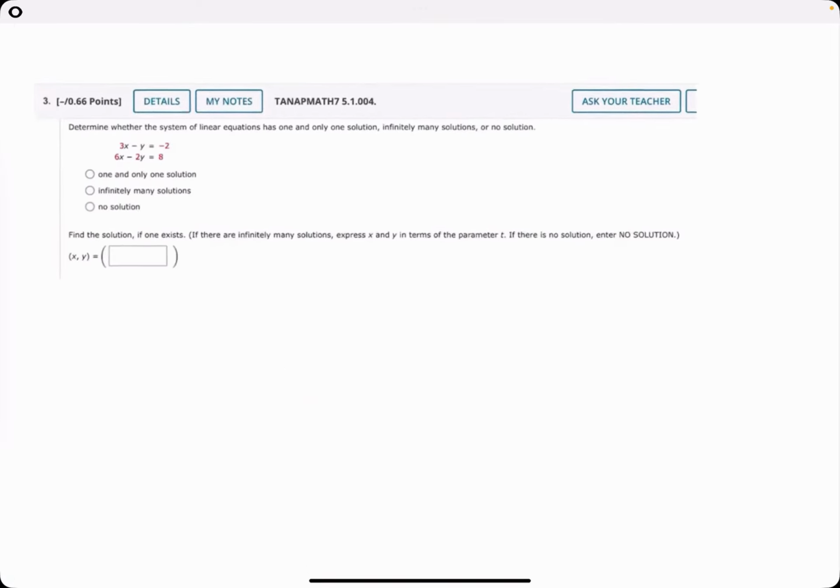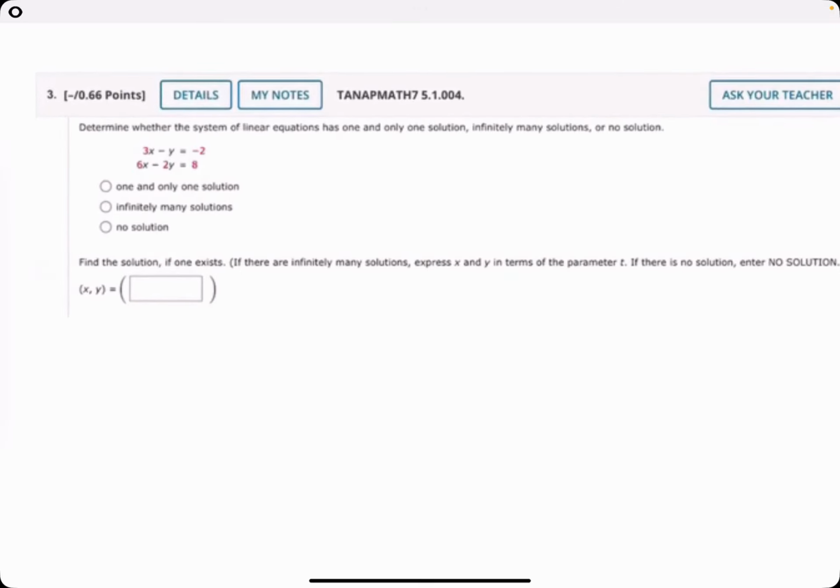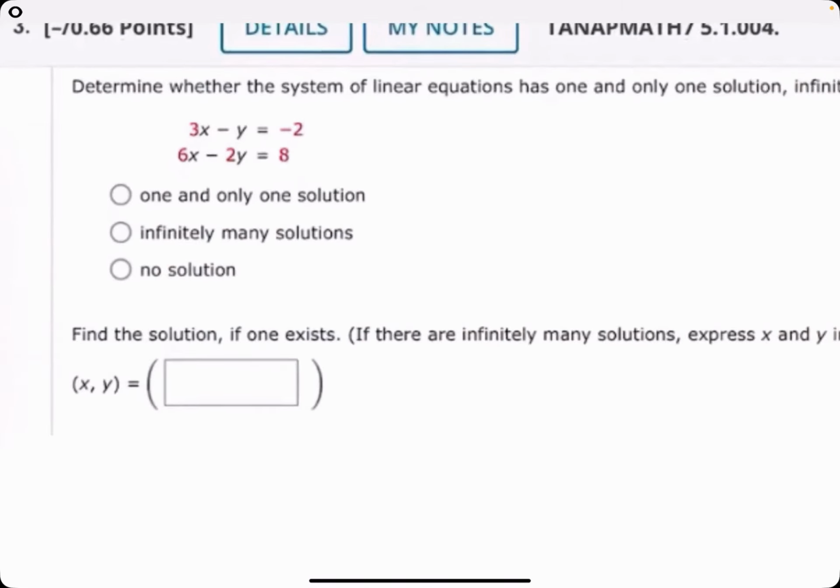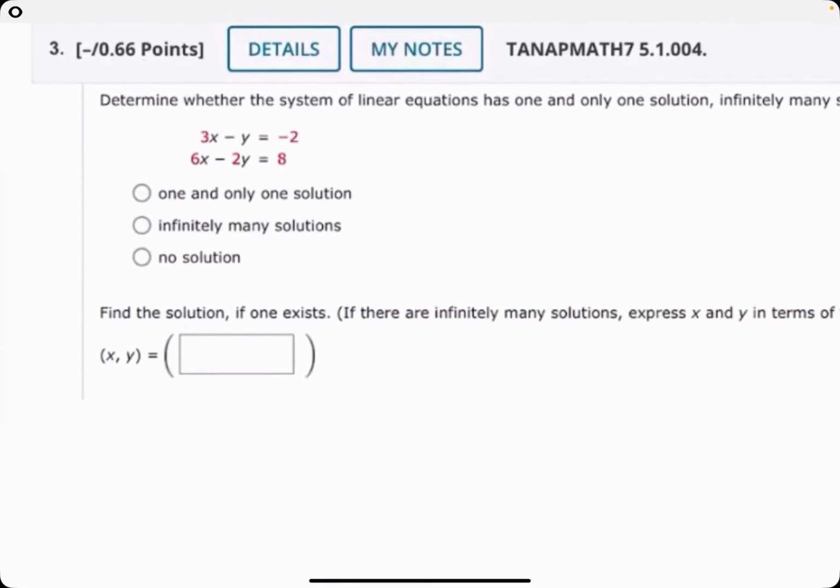Number 3, here we go. So one thing I'll say is, do you notice anything fun about these two equations? Well, there's a 3x and a 6x, and a negative 1y and a negative 2y. Interesting.